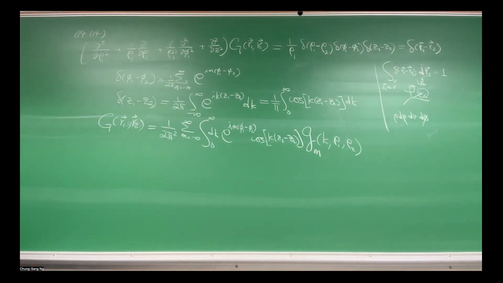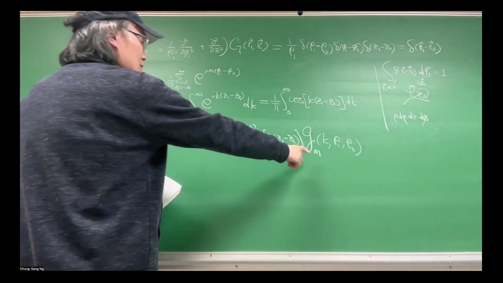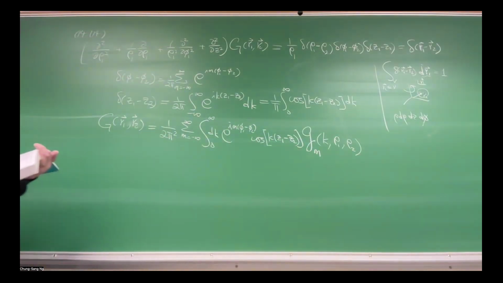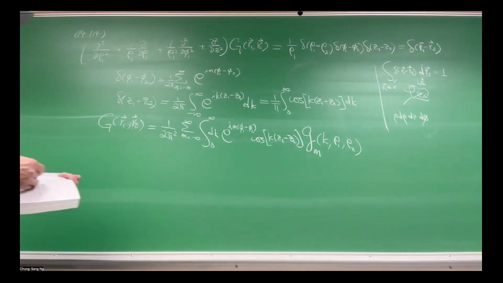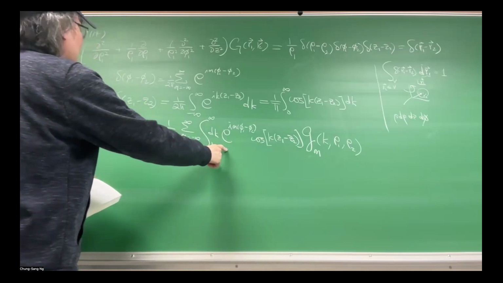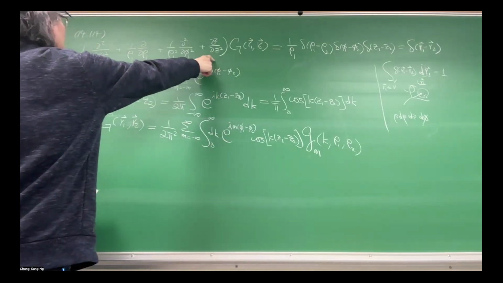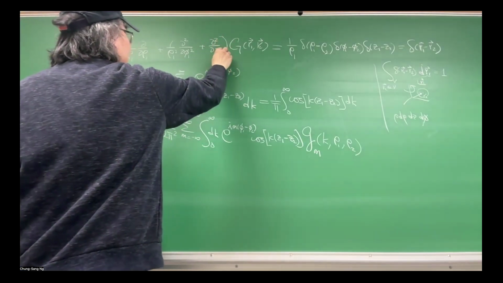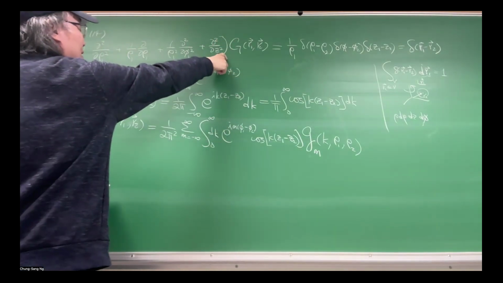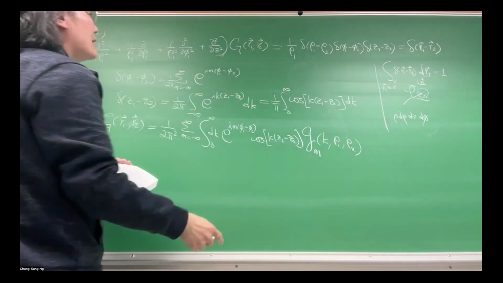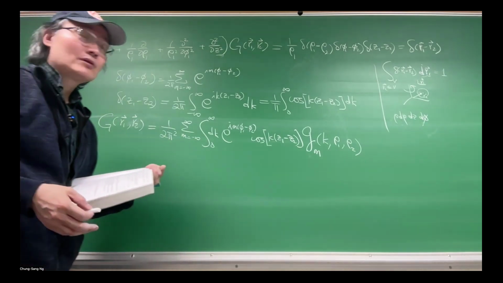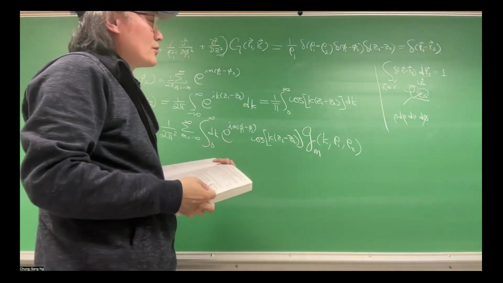All right, so that's the expansion. The rest is to solve for this little g sub m. What we do is just substitute this into the left hand side, this into here and this into there. The two brackets are not the same. And the process is like what we did for the separable solution.